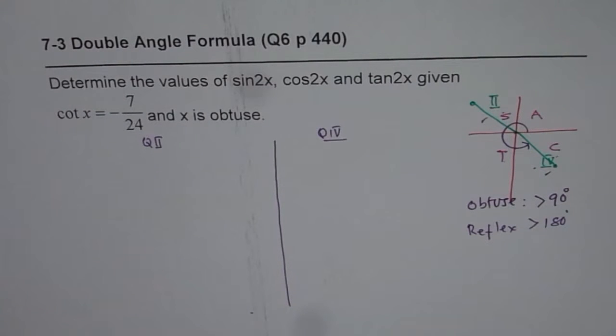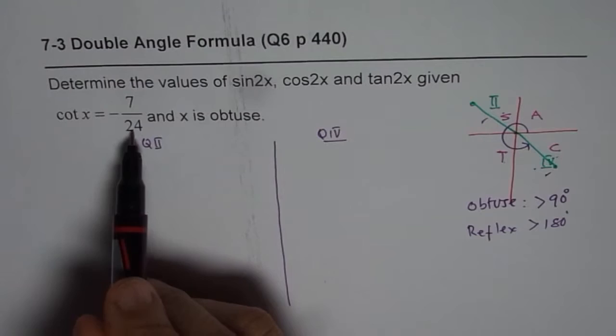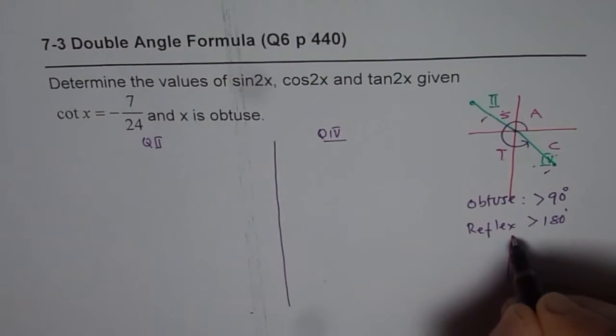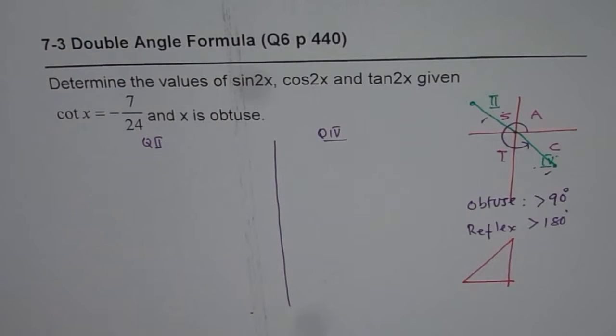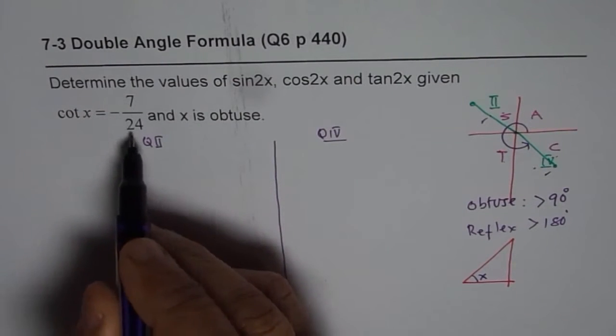Now, since we are given that cot x is minus 7 over 24, we know we are in these quadrants. So what we will do now is we'll make our triangle. Cot x is 7 over 24, right?